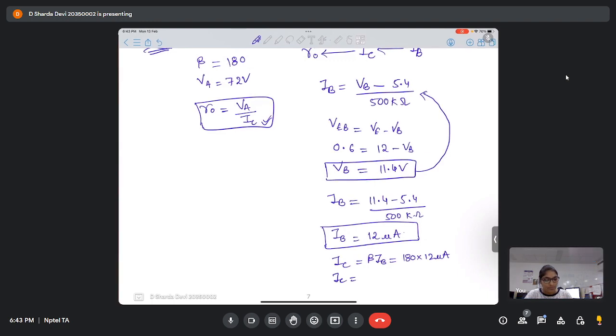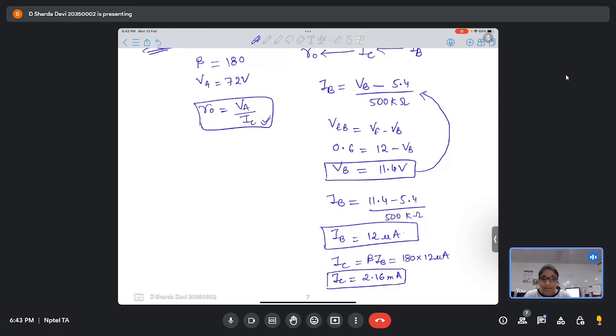2.16. Is it milli or is it micro? Milli, right? Because we already had 12 microamperes which we are multiplying by 180, so the unit will change.